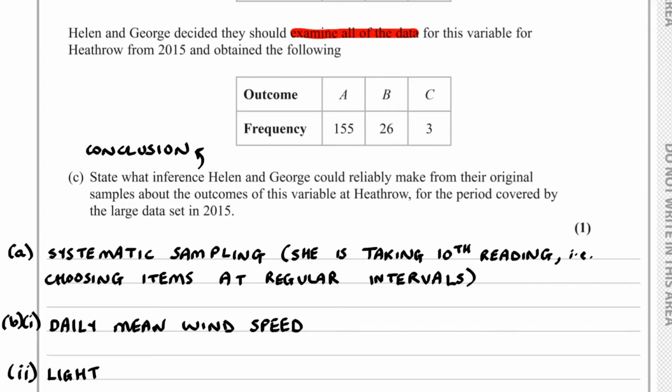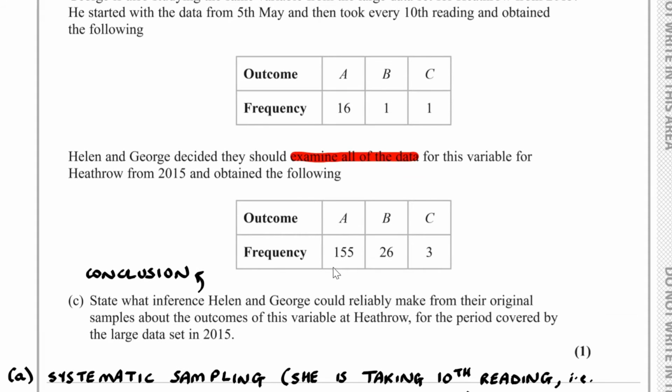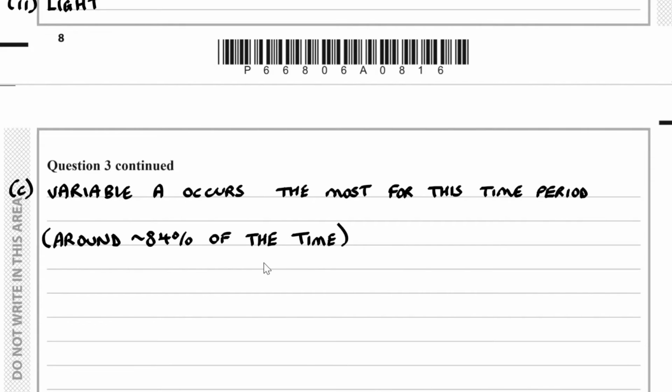So variable A occurs the most for this time period, around 84% of the time.